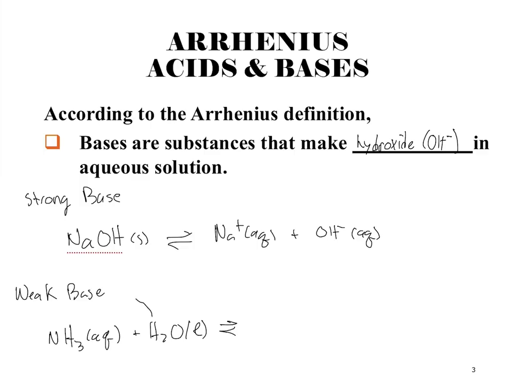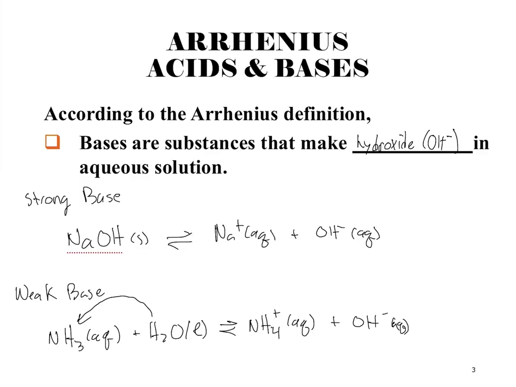So one of these protons is going to go onto that weak base to make NH4 plus. Does anyone remember what that polyatomic ion was called? Ammonium. Yeah, that was ammonium. And the byproduct of that, when we take a proton away from the water, is we get hydroxide. Right? So both of these are considered Arrhenius bases because they generate OH minus in solution.